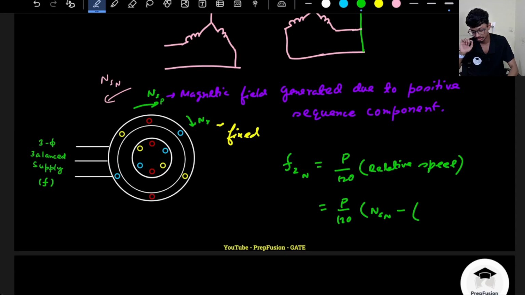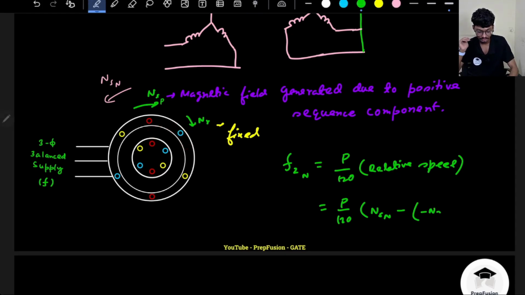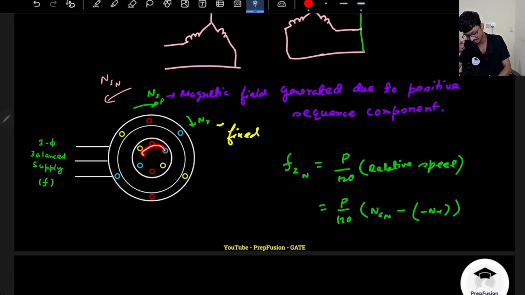The rotor is rotating in the opposite direction, so it will be minus Nr if I assume my anticlockwise direction to be the reference. That's why the relative speed is more, because the rotor is rotating in this direction and the stator magnetic field is rotating in the opposite direction.